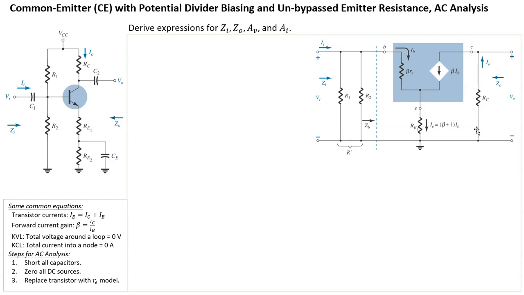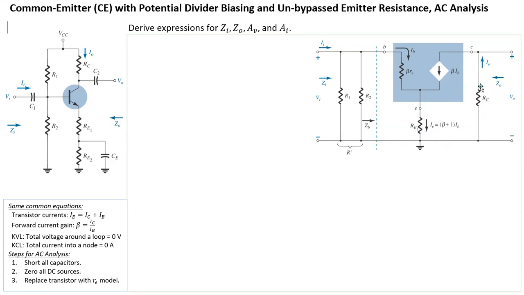So IO is a current that flows through RC going up, going across, because this is open circuit, so it's not going to go through there. So it comes through here, becomes beta IB, merges with the left side, and then comes across here as beta IB, because it has to be beta IB that comes back, because that's what this is. So beta IB is flowing around this loop.